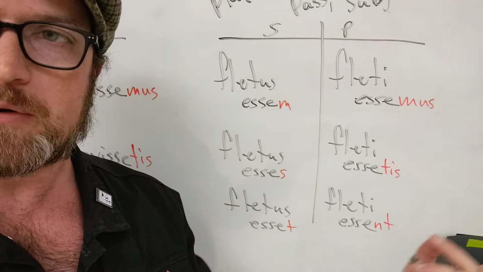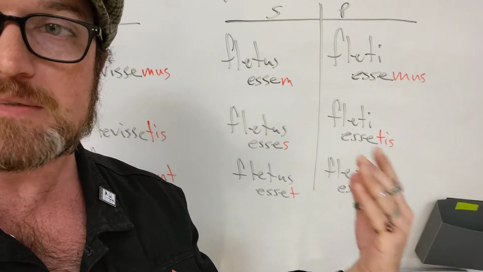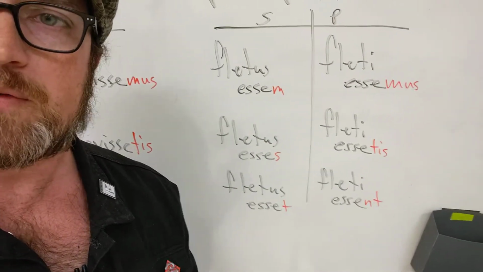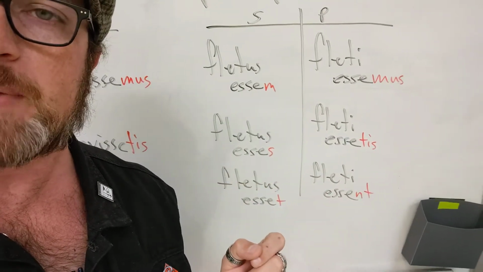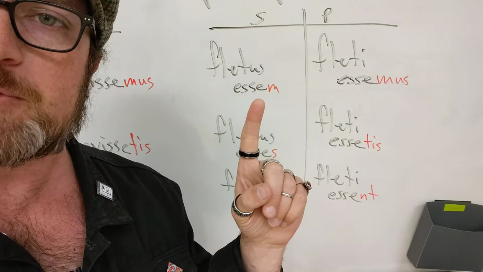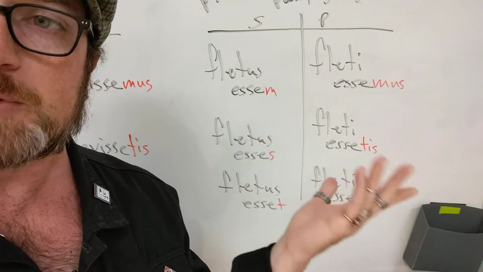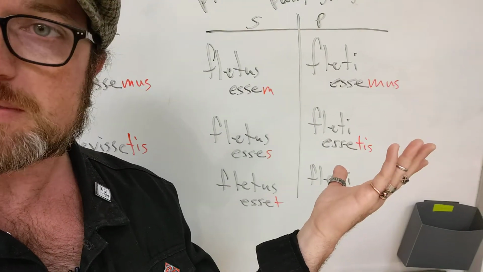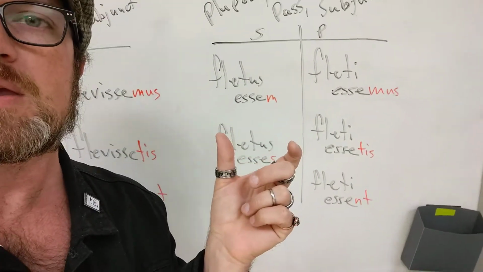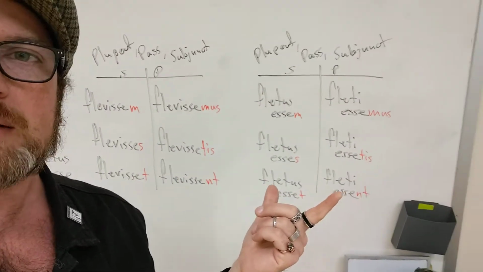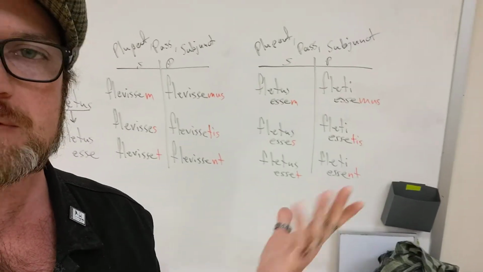And of course, when we learned pluperfect passive indicatives, we learned that we were using the imperfect of sum to make it pluperfect passive. Well, that's actually what we're doing here, right? Because essem on its own would be the imperfect subjunctive form of sum, and we're adding that here to make a pluperfect passive. So, yeah, that's what the pluperfect forms look like.